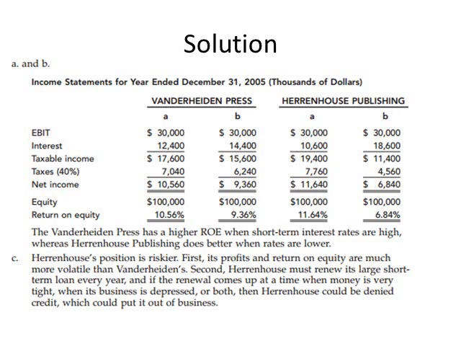So the net income equals the taxable income minus the tax, 17,600 minus 7,040 equals 10,560. The equity equals 100,000 because the common stock and the retained earnings in both companies are 50 and 50, which means the equity equals 100,000. That's why we write 100,000 here.